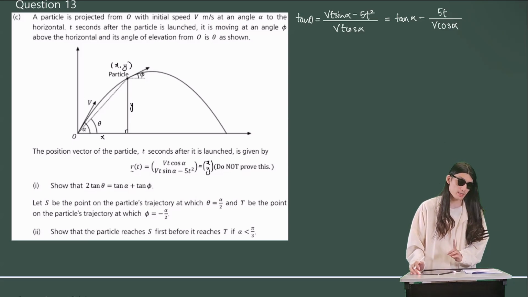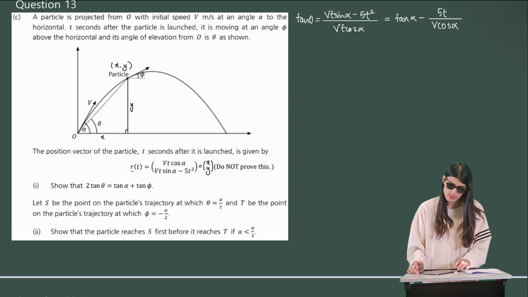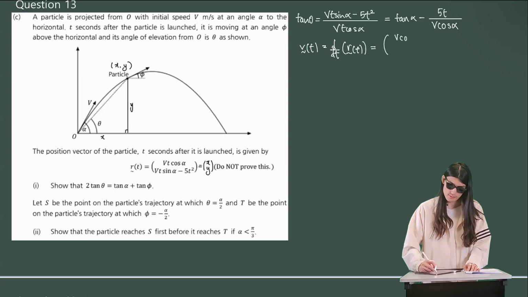Now for phi, the other angle, which is the angle that the velocity vector makes, I first need to find the velocity vector, which of course is just the derivative of the displacement vector with respect to time. And that's v cos alpha, v sine alpha minus 10t, isn't it?